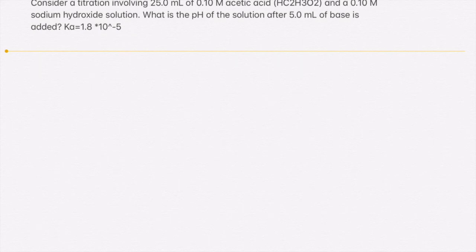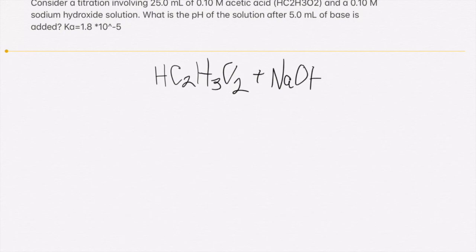To begin, we're going to take our acetic acid and react it with the sodium hydroxide. We need to write the balanced chemical equation because we need to know our mole-to-mole ratio. Now in a neutralization reaction, this isn't equilibrium. The equilibrium constant is so large that it's essentially a one-way reaction.